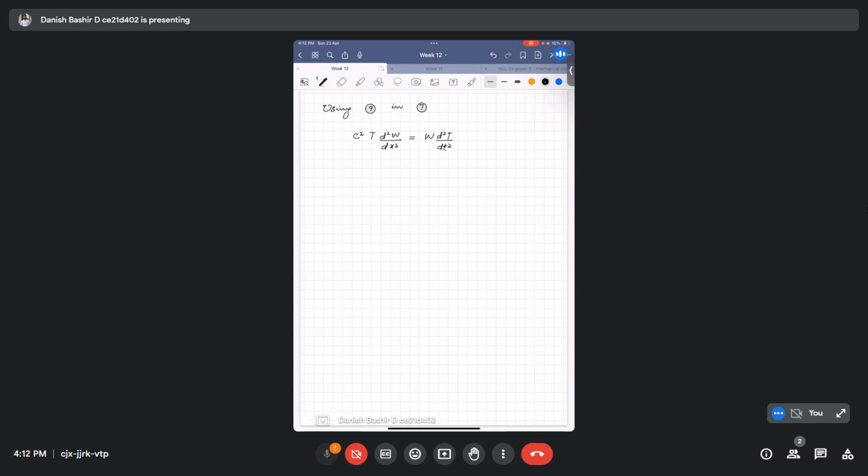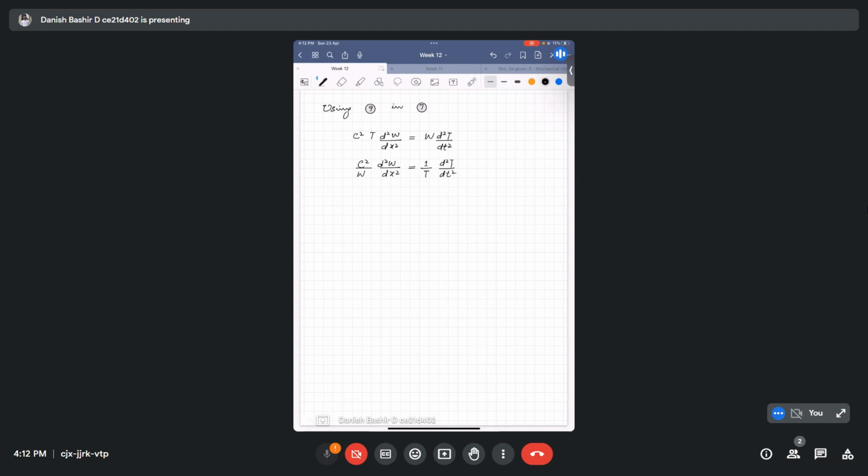If we rearrange the things, we get c square by w d²w/dx² equal to 1 by T d²T/dt².